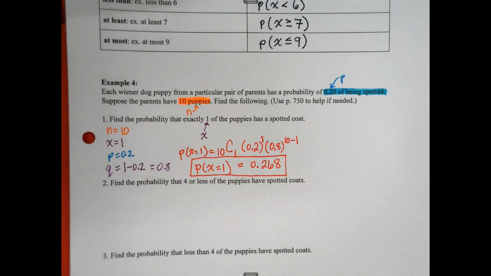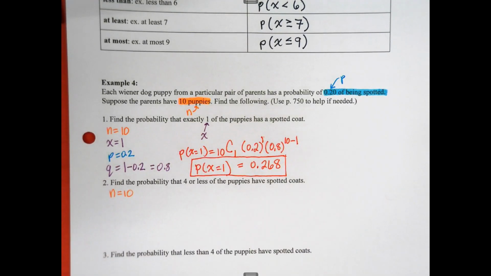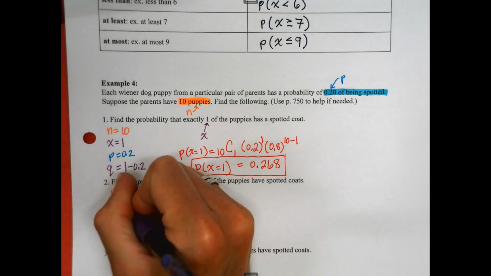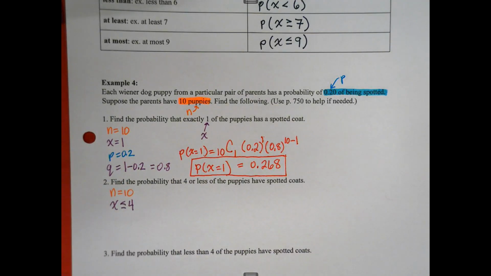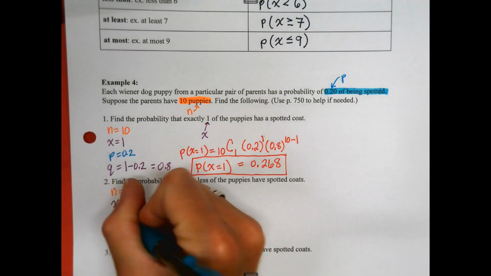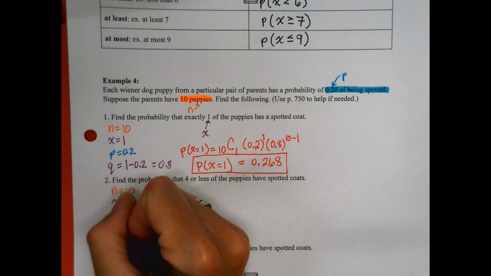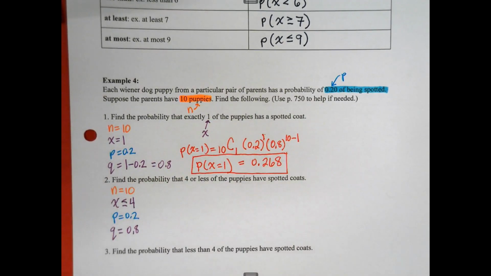For the second one, find the probability that 4 or less of the puppies have a spotted coat. Again, our n is 10. Our x this time is going to be less than or equal to 4. Our p is still 0.2, and our q is still 0.8.